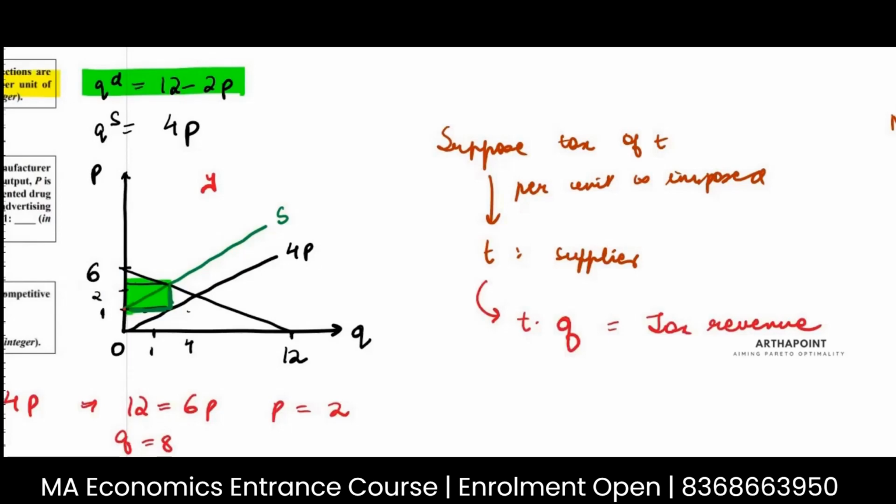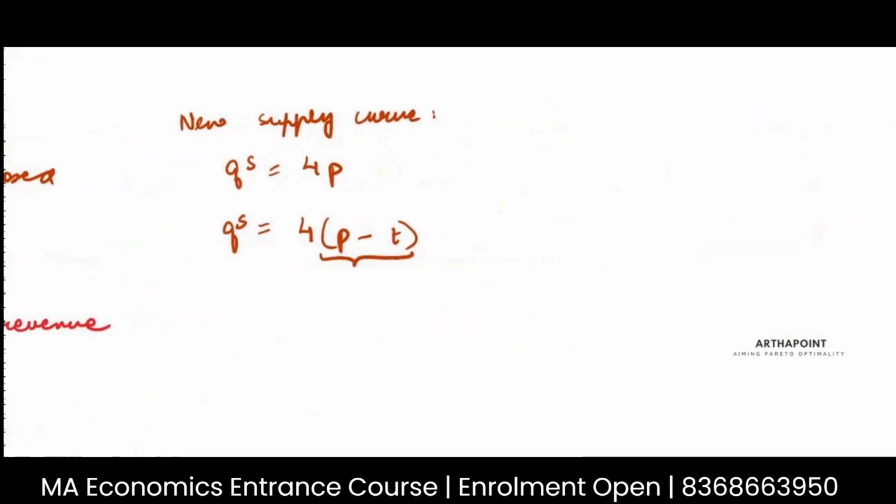So if I had imposed the tax rate on the consumer, instead of P, I would have written P plus T, because the consumer ends up paying more after tax. So whenever you do it from the side of the consumer, you will always do P plus T. Whenever you do it from the side of the producer, you will always do P minus T. And this will always remain the same. You have to follow this practice throughout. Both of them will give you the same answer.